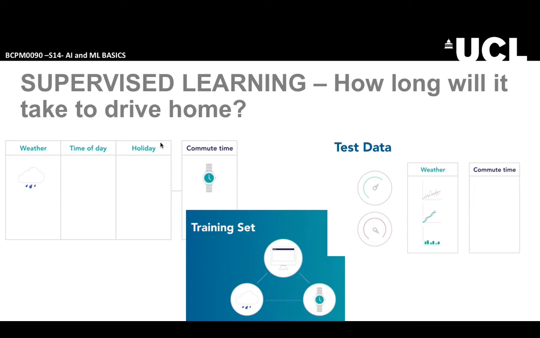And based on this training set, your machine might see there is a direct relationship between the amount of rain and the time it takes to get home. The more it rains, the longer you will be on the road. The algorithm might also see that there is a connection between the time you leave work and the time you will be on the road.